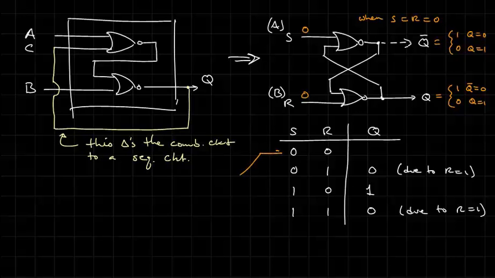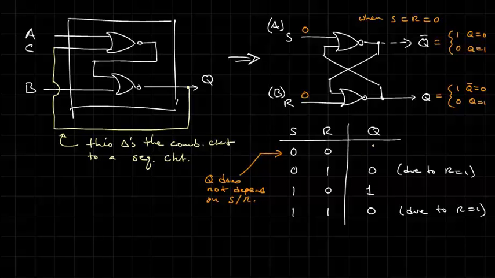So we can write here, Q does not depend on S or R. In fact, what it depends on is the previous state of Q. So we actually have two scenarios here.